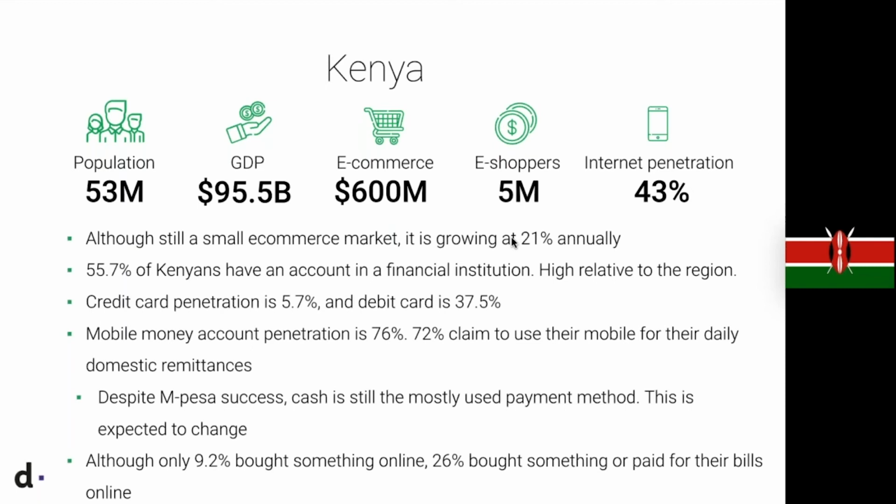The GDP of Kenya is roughly 95.5 billion, and we have $600 million done in e-commerce, 5 million e-shoppers, and internet penetration of 43%. These are just basic stats that give you a sense of what the capabilities are for mobile money in that market.